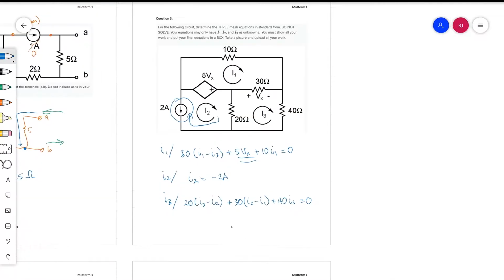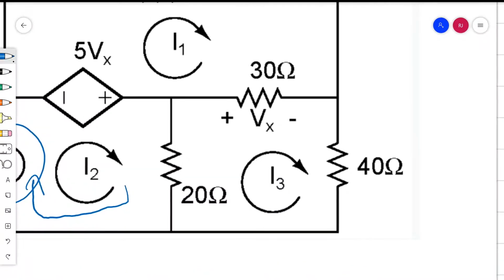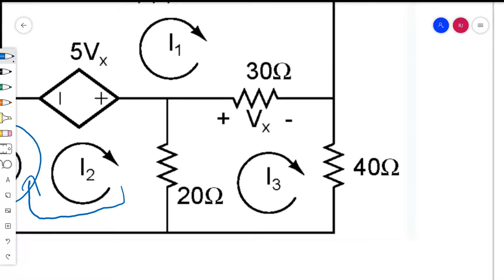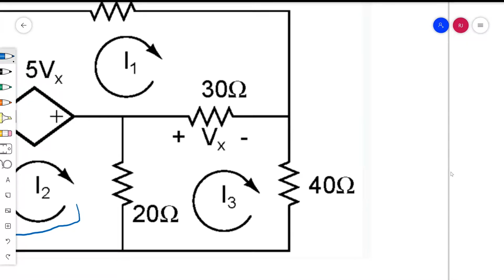So we're going to look in the picture, and again, here's the Vx, and we can characterize that voltage as follows. Since the terminals are labeled this way with the plus sign on the left, we're going to call I3 the positive current, since I3 goes from positive to negative across the leads of this resistor, and I1 will be negative since it goes from right to left, from negative to positive across this resistor.